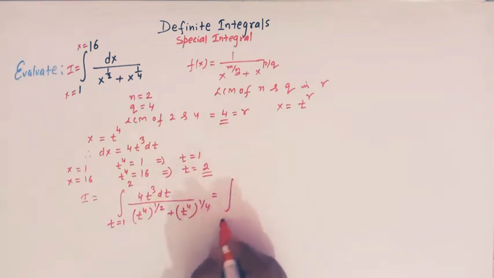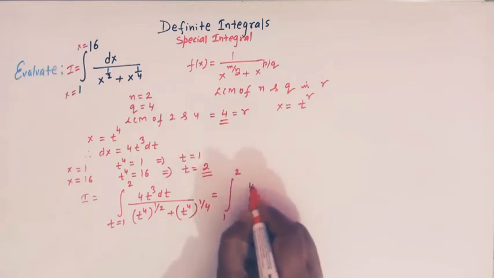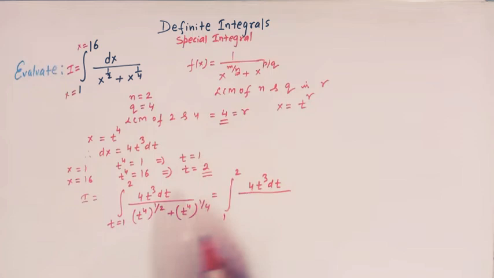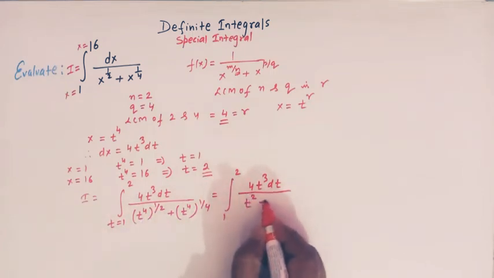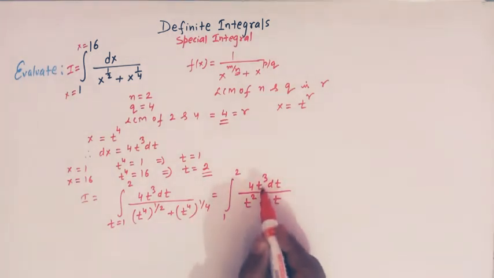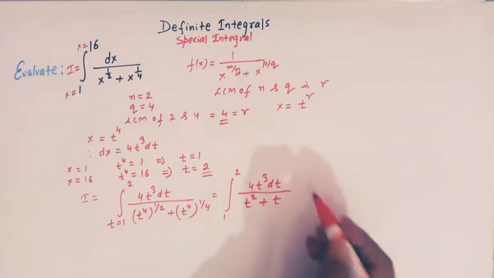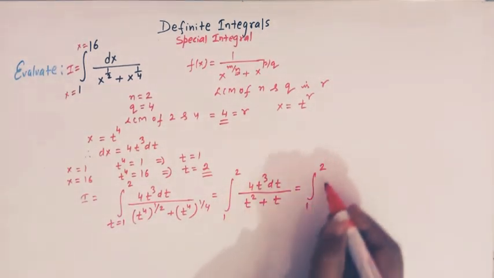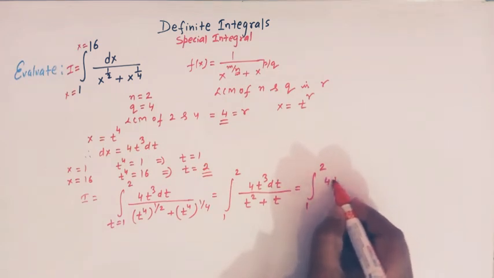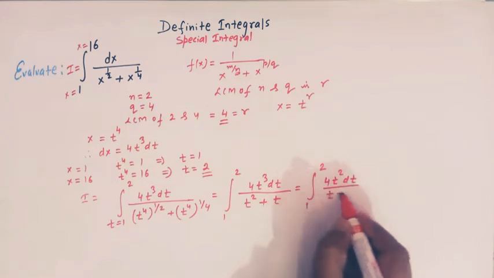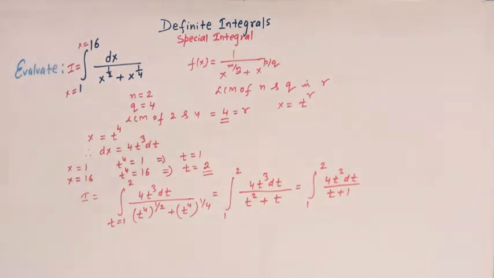So now this integral is from 1 to 2, 4t cube dt, and this term becomes t square, and here we have simply t. We can cancel out one t from numerator and denominator, so this integral now becomes the integral from 1 to 2 of 4t square dt over t plus 1.